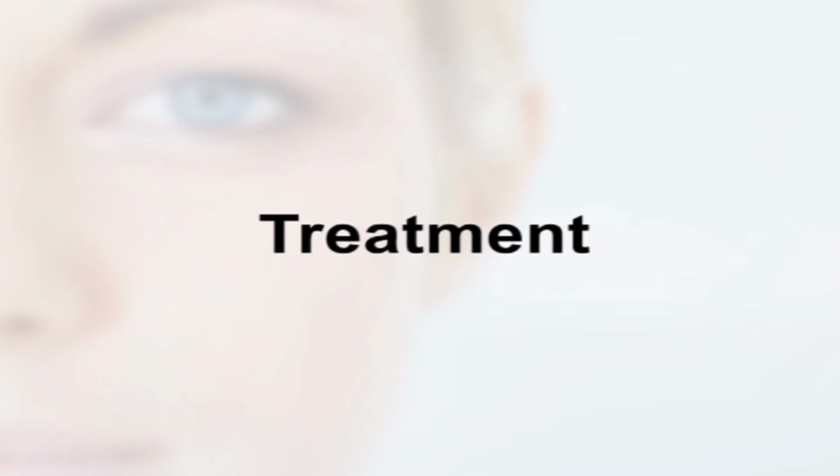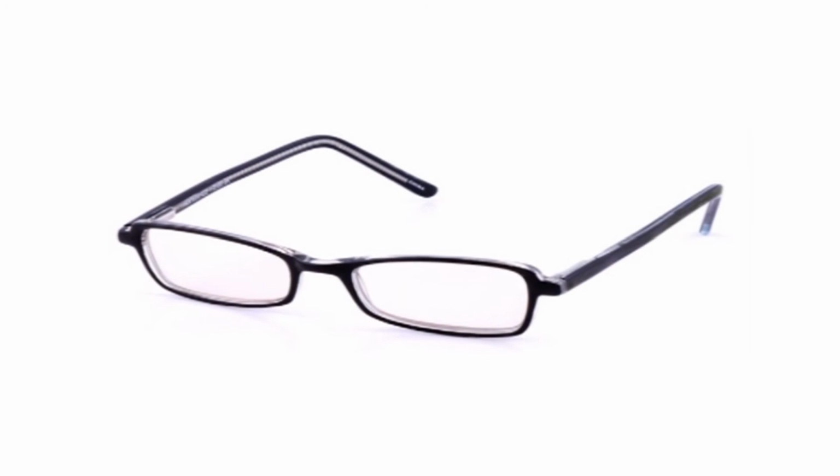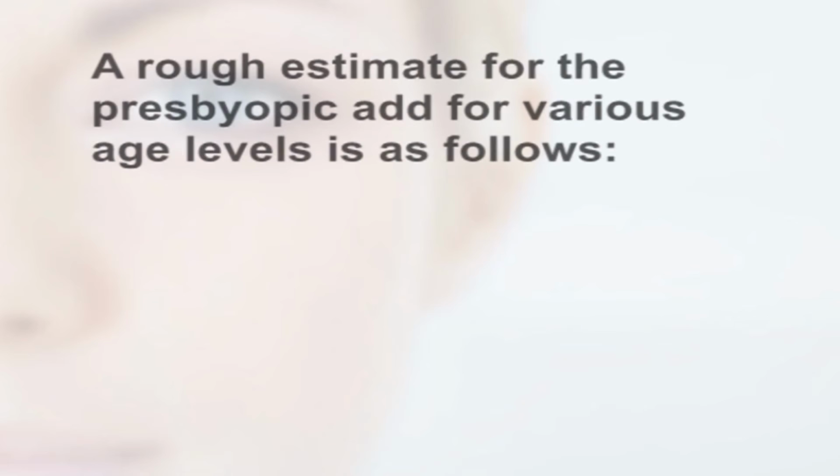So how do we correct presbyopia? Eyeglasses are the simplest and the safest means of correcting presbyopia. We provide the patient with convex lenses so that his accommodation is reinforced and his near point is brought within a useful working distance. I'll now give a rough estimate for the presbyopic add for the various age groups.